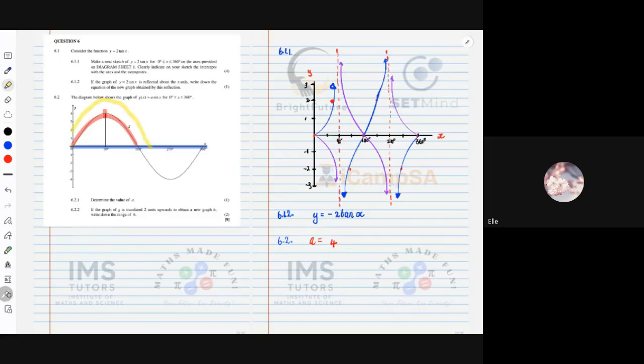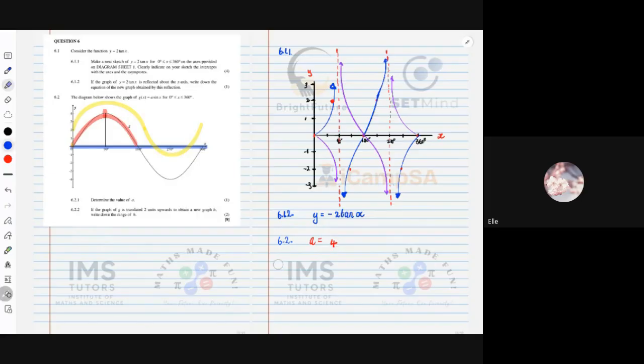It's going to be something like this. We are shifting it 2 units upwards. It's not as good, but you get the point. We're adding 2. We are shifting it 2 units upwards.